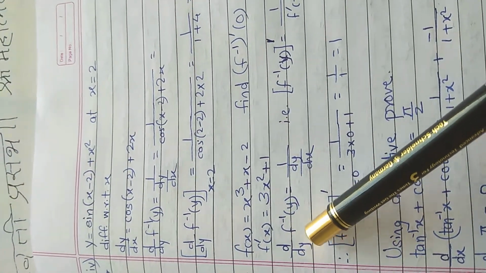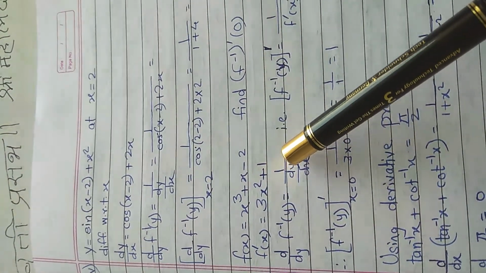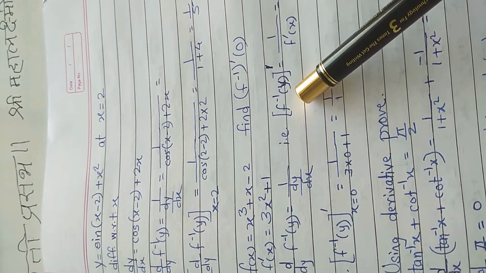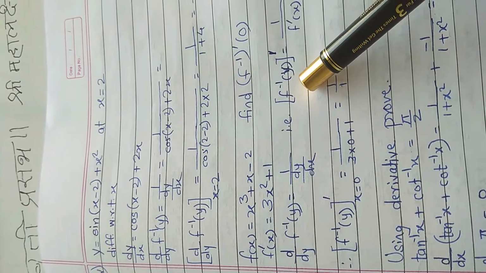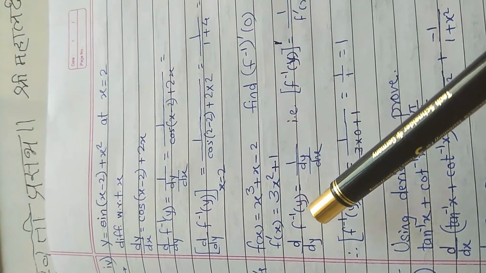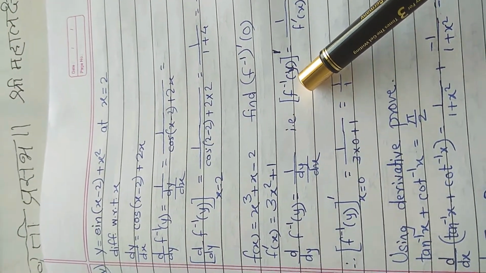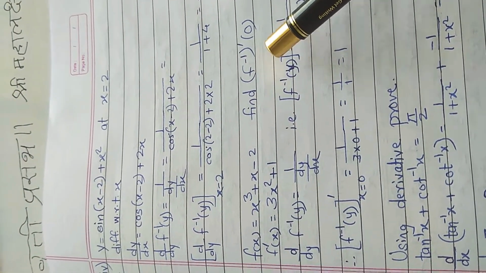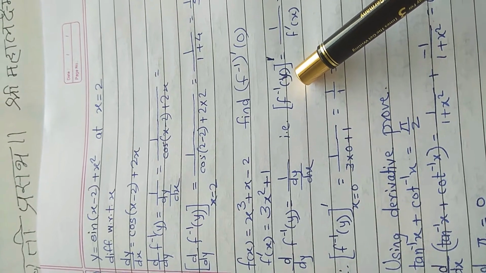Now we know that derivative of the inverse function is always equal to 1 upon dy by dx. Same thing, but notation is different. That derivative of inverse function we can write it as f inverse y raised to dash, which means derivative of inverse function of y.